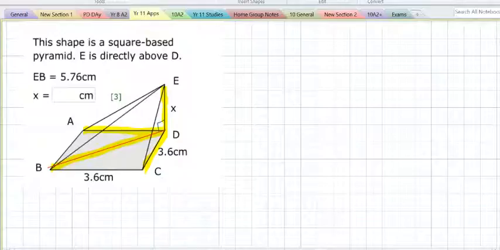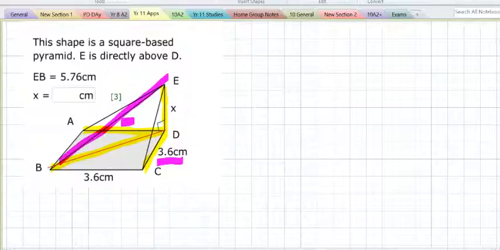Now, in order to find x, we need the other two sides. All of those highlighted in yellow, we know two of them. We know this one, the 3.6, and we know the other one over here, which would also be 3.6. The other thing we know is this hypotenuse there.